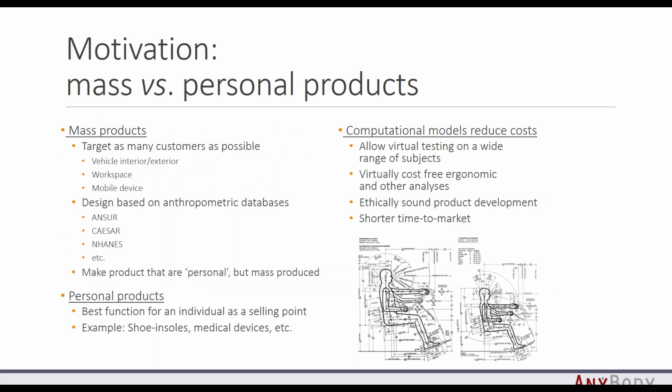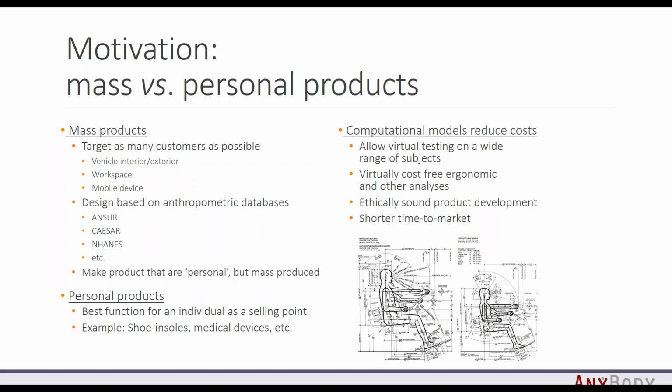Okay, so let us start by looking at the design of mass and personal products. Mass products target as many potential buyers as possible and frequently do that by offering some sort of customization mechanism. For example, we could think of the car seat adjustment mechanism or adjustable office tables, etc. The design of such a product relies on virtually or physically using it on a variety of different subjects to take into account human dimensions and various body positions.